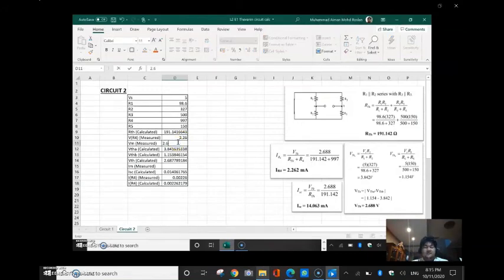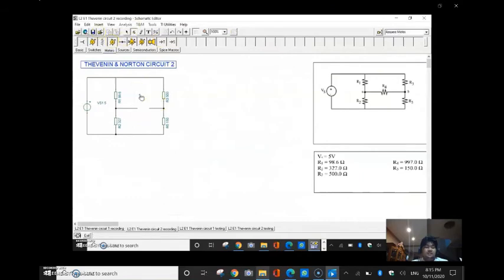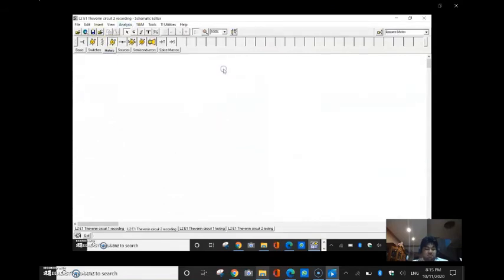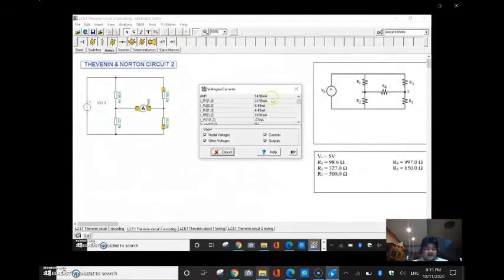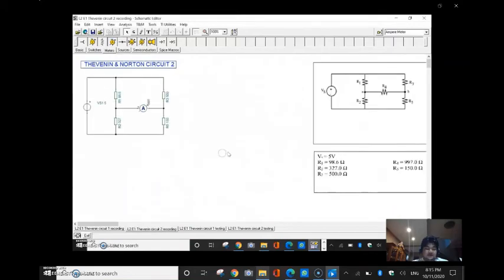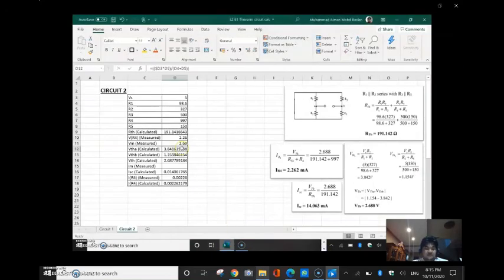We will then log the value into the table. And then we will be replacing VM with an ammeter to measure the short circuit current IM across the terminal AB. The value IM here we observe is 0.01406 ampere or 14.06 milliampere.